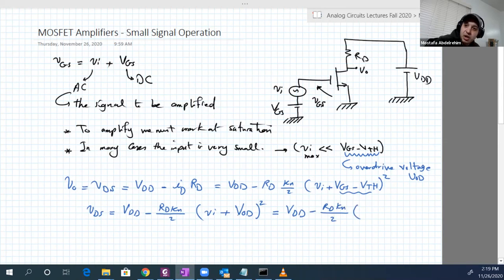Now we square this. So Vi squared plus V overdrive squared plus 2 Vi V overdrive.